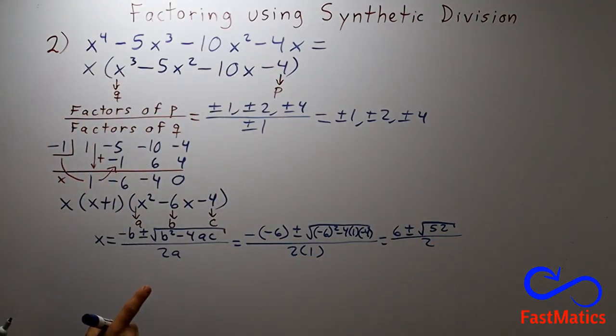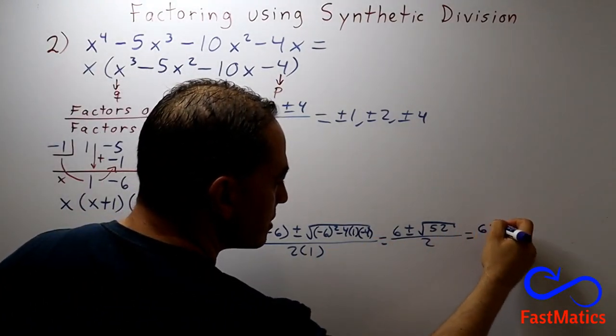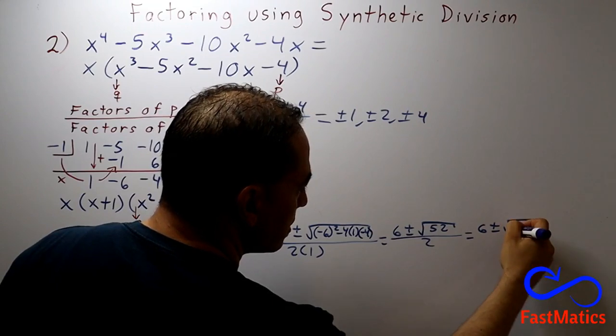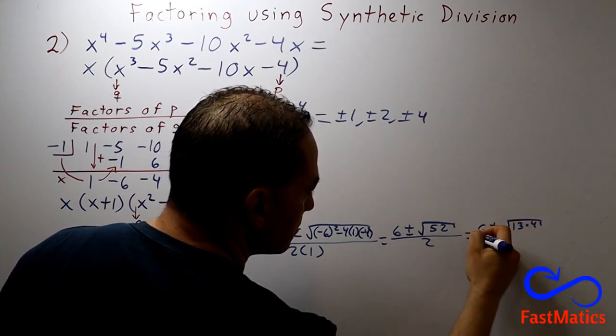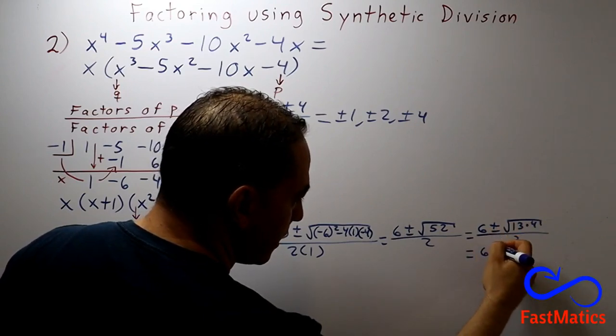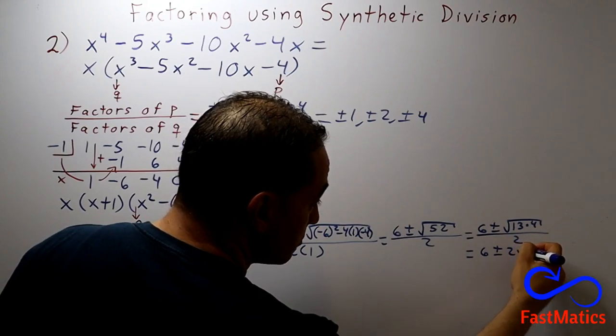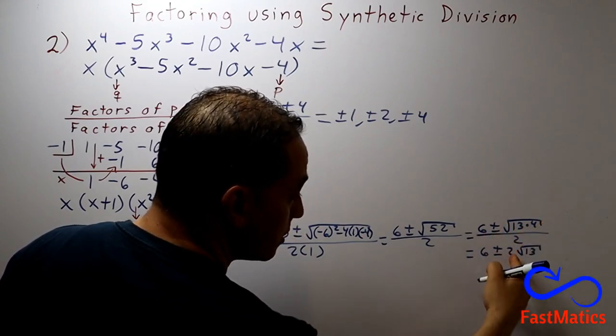Now I can simplify a little bit, because 52 is 13 times 4. And the square root of 4 is 2. So I can write 2 times the square root of 13. Square root of 4 is 2.